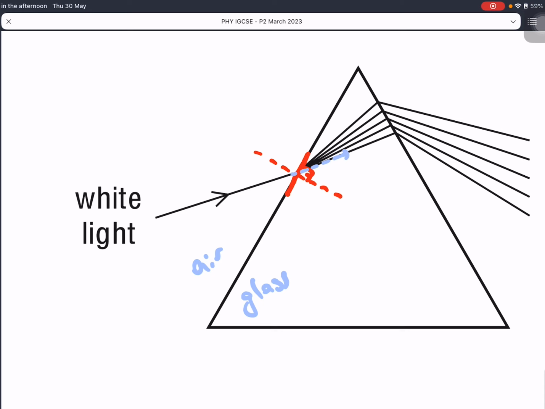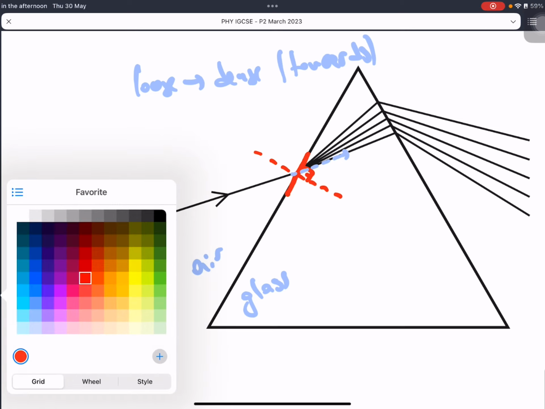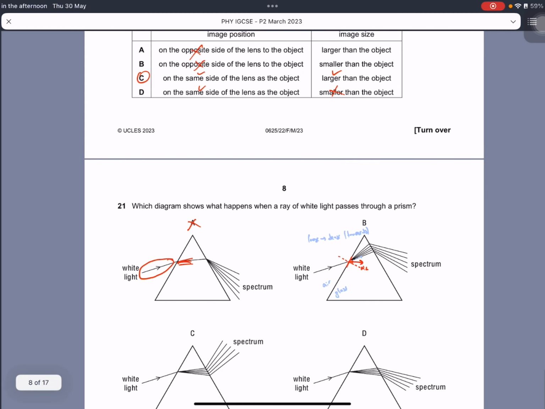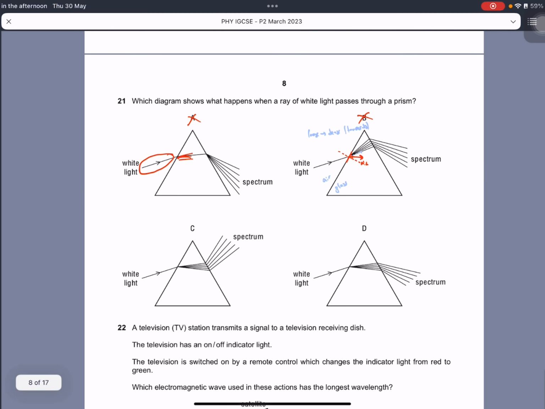From loose to dense zones, it will be towards the normal line. This is the normal line, we just drew it. So of course it will be bent towards the normal line, which makes B wrong. So C and D are correct so far.